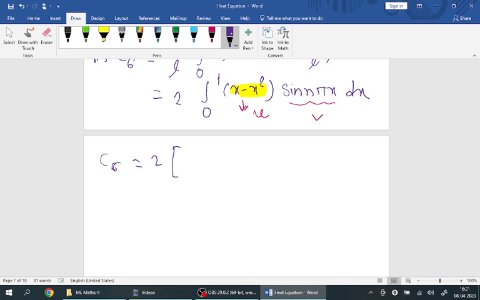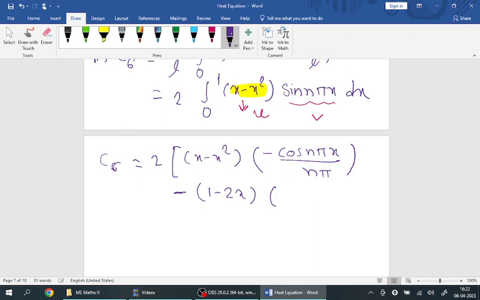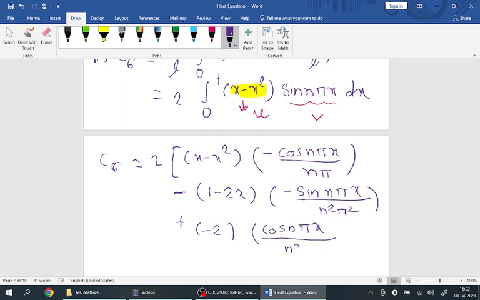By generalized by parts, u is x minus x square, v1 is the integration of sine, which is minus cos n pi x upon n pi, minus u dash which is 1 minus 2x, v2 the integration of minus cos, which is minus sine n pi x upon n square pi square, plus u double dash, which is minus 2, and now the integration of minus sine becomes plus cos n pi x upon n cube pi cube.